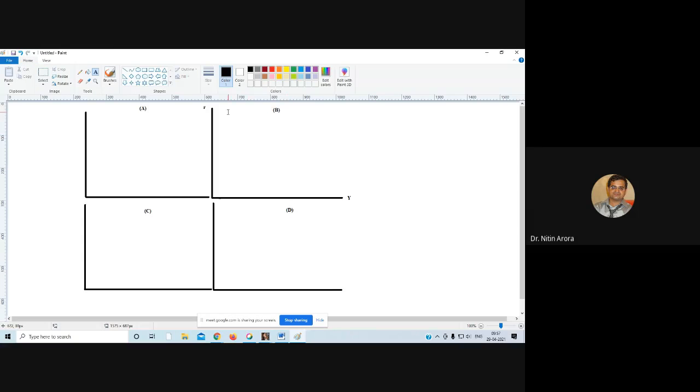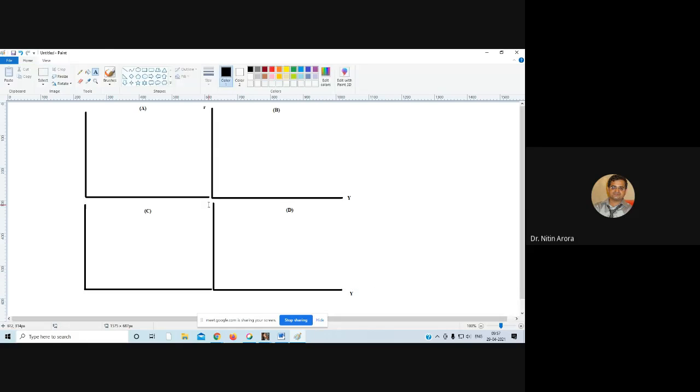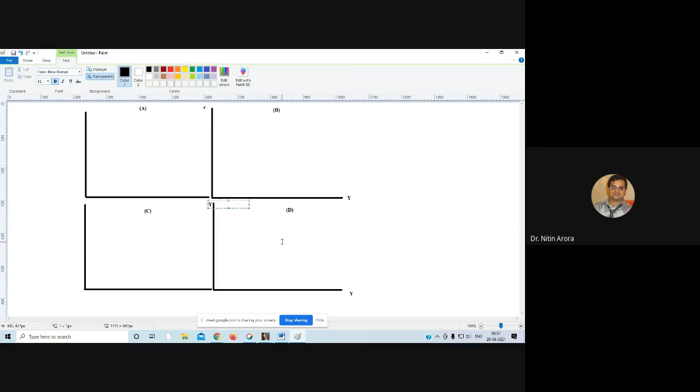In panel B, I am having a rate of interest and income combination. Panel D is just a combination of income with income. I just want to convert the axis, so I rotate the axis.